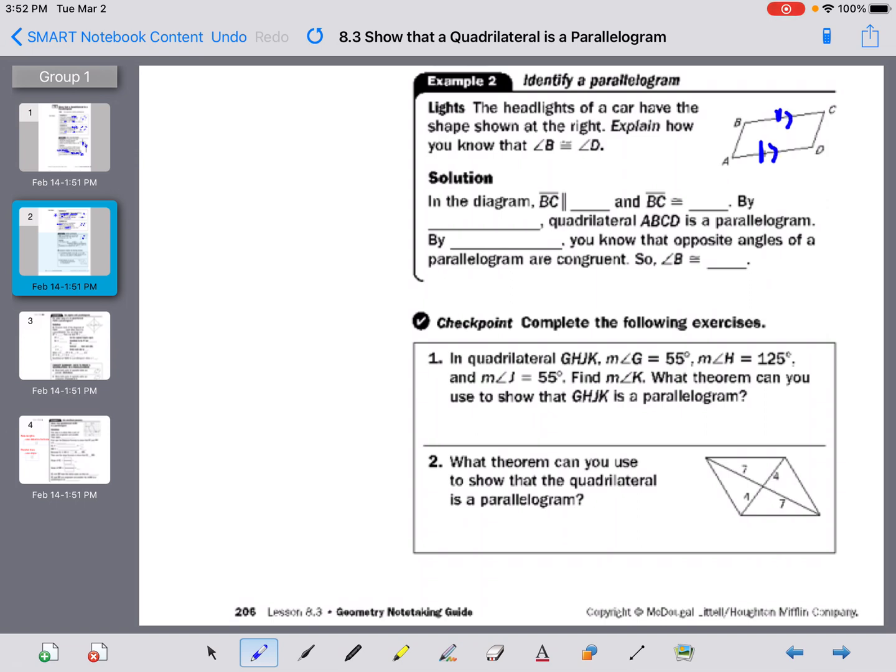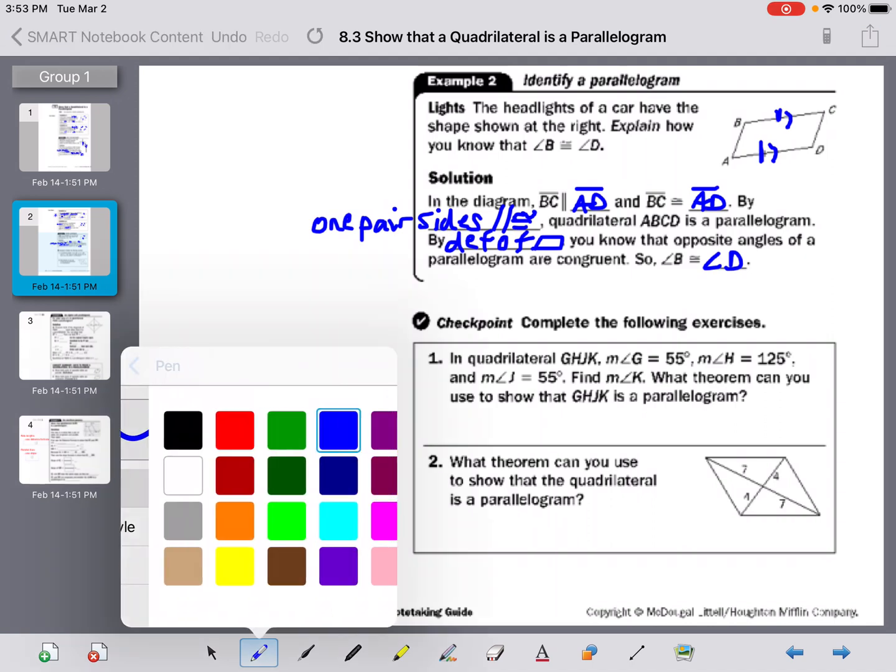So if BC is parallel to AD and BC is congruent to AD, then by one pair of sides parallel and congruent, we know that it's a parallelogram, okay? And then by definition of a parallelogram, you know opposite angles are congruent, so angle B will be congruent to angle D.